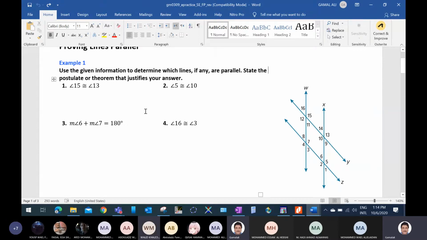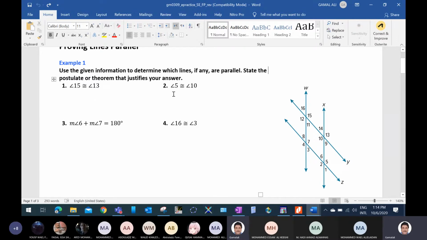Yes, so we can write the two lines X and Y are parallel. Why? The converse of the corresponding angles theorem. Or you can write it in another way, the corresponding angles converse. Any one of the two.